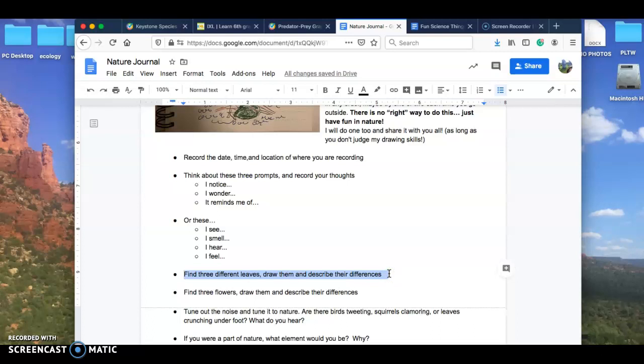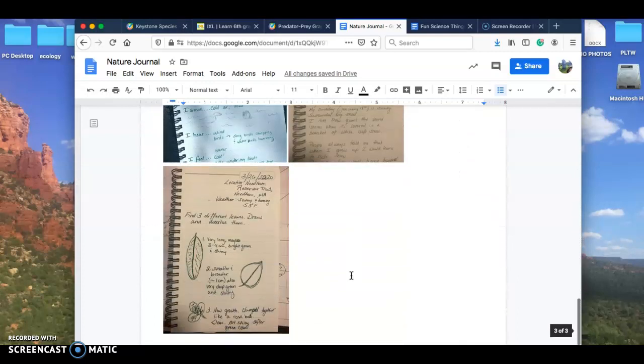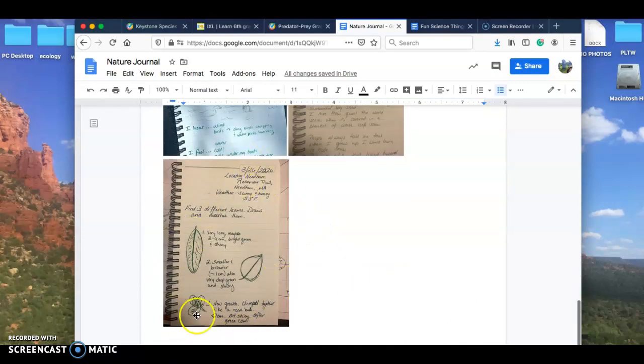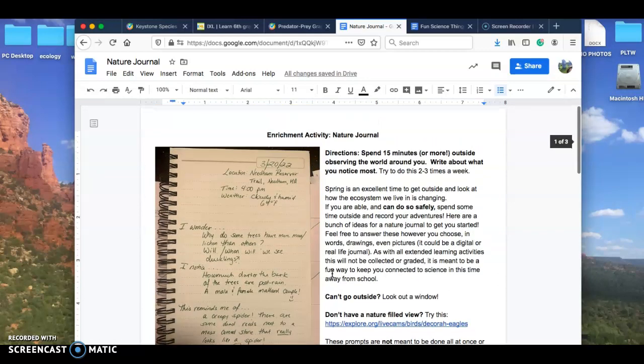I took a picture of the 3 leaves that I saw on my walk, and then when I came back home, I recorded it in my nature journal. So if you want to take your journal outside, if you want to do it that way, I'm really open to different ways of trying it out, and to just kind of have some fun with it.